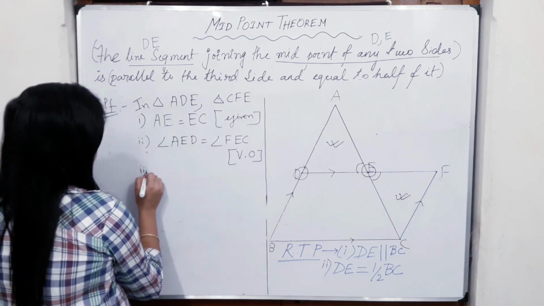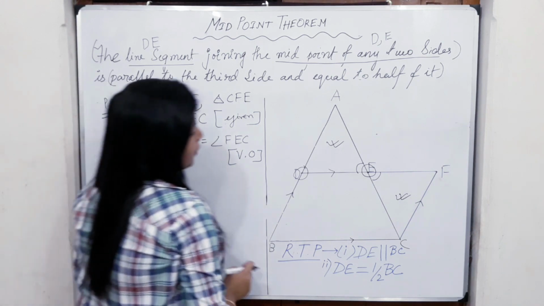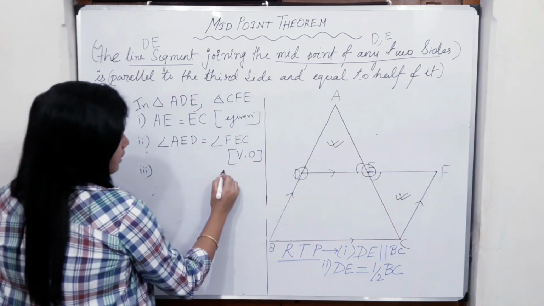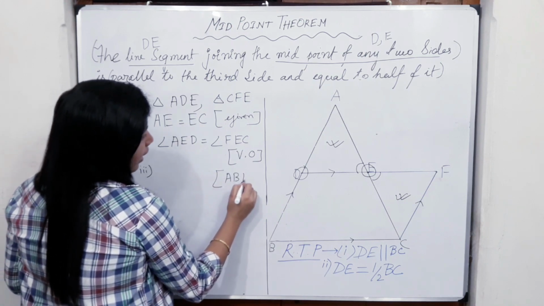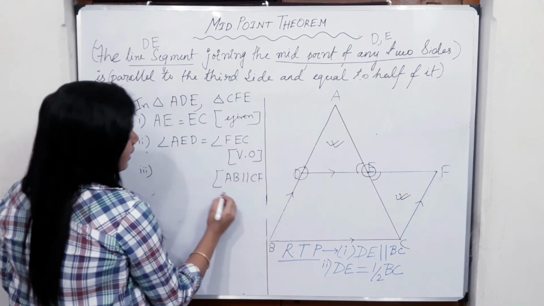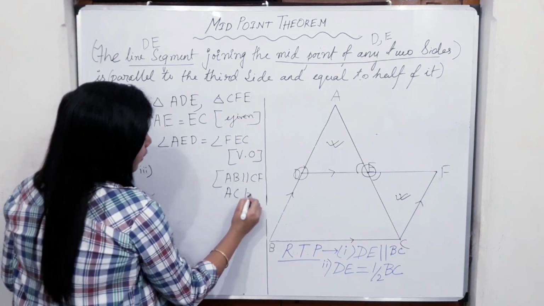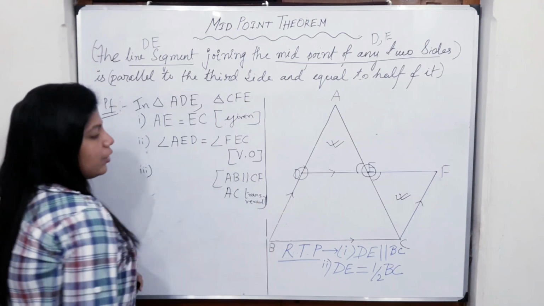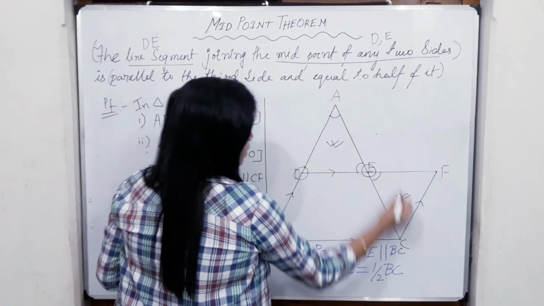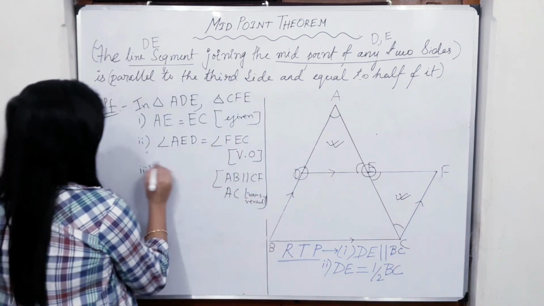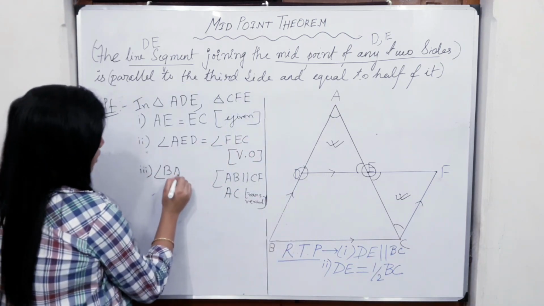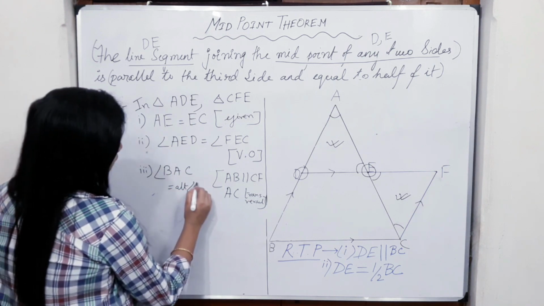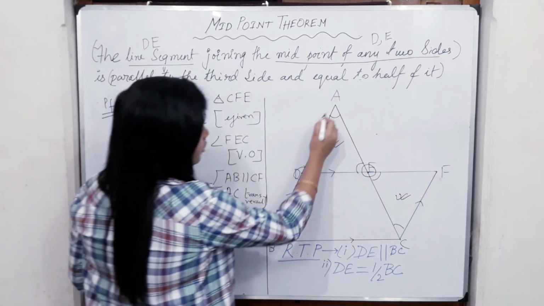Number 3, since these two lines are parallel by construction, that means AB is parallel to CF, and AC is a transversal here. So we know that these two angles are called alternate angles. So we can write angle BAC equals alternate angle ECF. These two are equal.